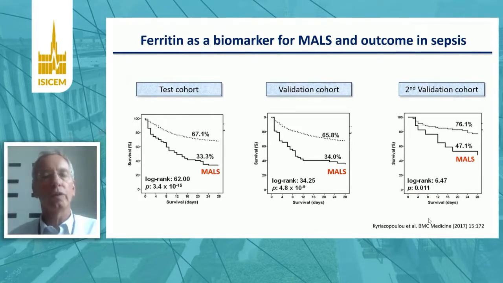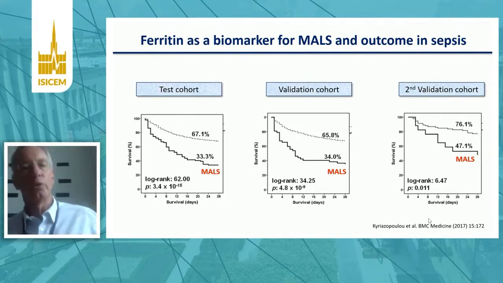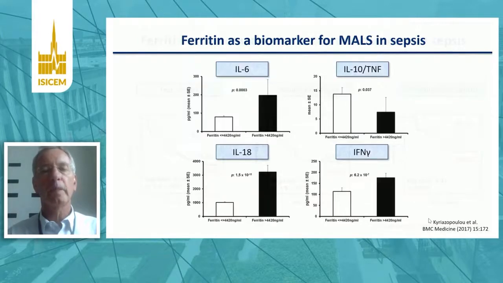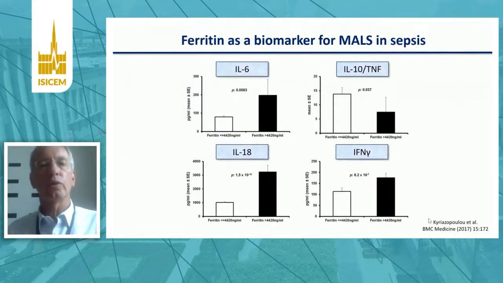And the lower curves with the red indicated MALS is always indicating those patients with macrophage activation-like syndrome, and they clearly have a reduced survival when compared to patients with sepsis that do not have these very high ferritin levels. These very high ferritin levels, so the cutoff of over 4,000 nanograms per mil, was also associated with enhanced pro-inflammatory cytokine release, as shown here by IL-6, IL-18, and interferon gamma.